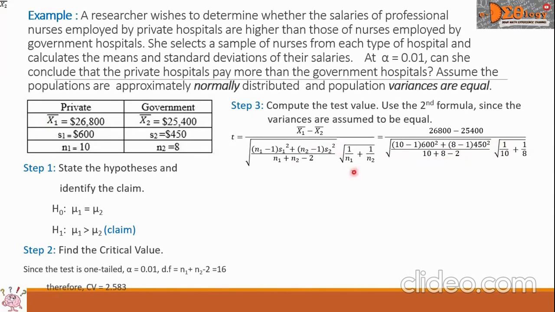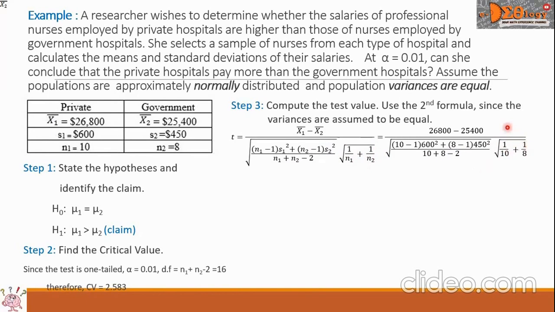Then we have the second radical. So we have this square root of 1 over n sub 1, so you write here 1 over 10 plus 1 over n sub 2, and we write 1 over 8.